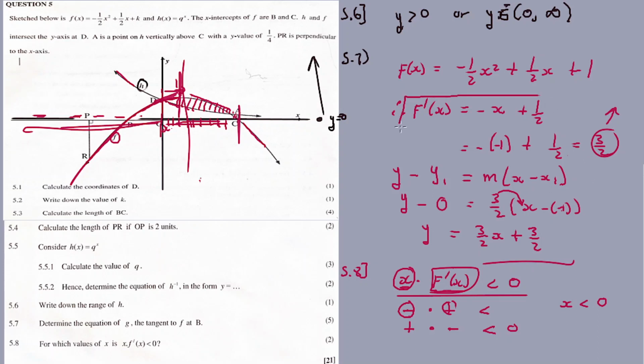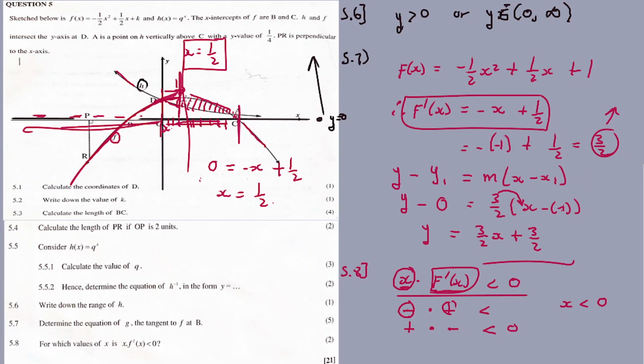So you calculate the turning point using the first derivative. We equate to 0: minus x plus 1 over 2 equals 0, transpose, x is equal to 1 over 2. So the x value is the important one, not the y. x is equal to 1 over 2.